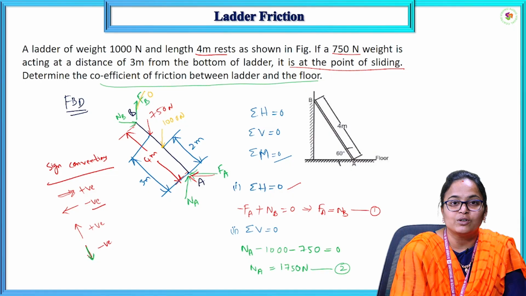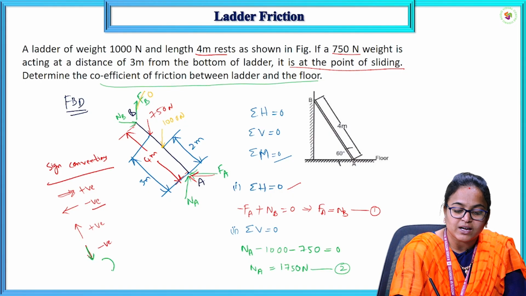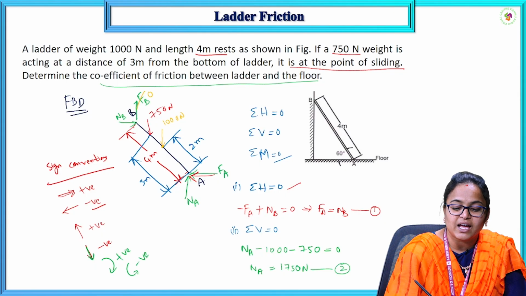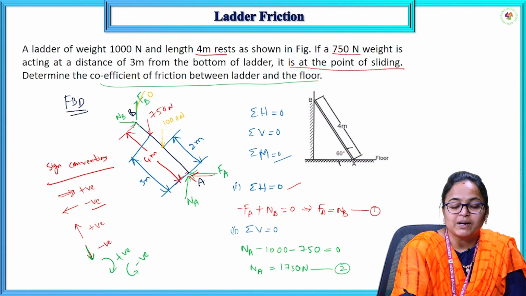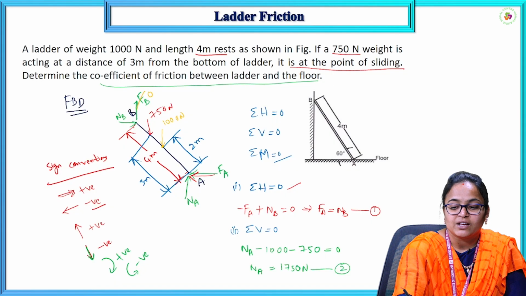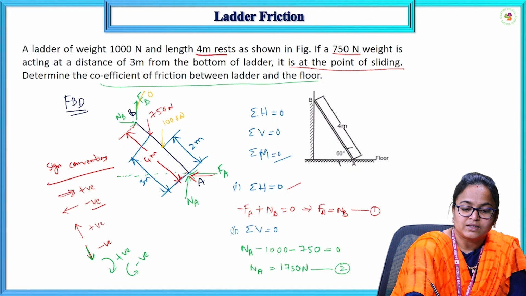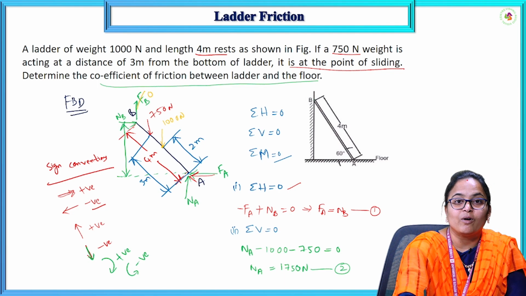The clockwise moment we consider as positive and the anti-clockwise moment as negative here. So, NB into the perpendicular distance will give the moment due to the normal reaction at B about point A. This is the perpendicular distance between force NB and point A.